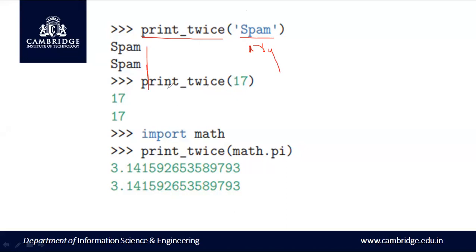Similarly, for the same function, print_twice, we can pass any argument. Here the argument 17 is passed, and it follows the same function, which is to print twice whatever is passed. So you can see 17 has been printed twice. And math.pi is the argument for the function print_twice, so you can see the pi value being printed twice.